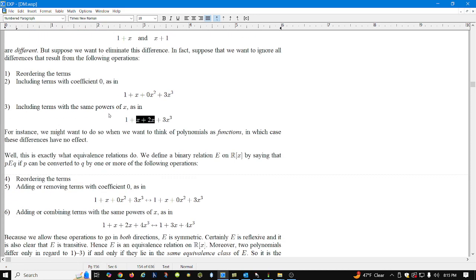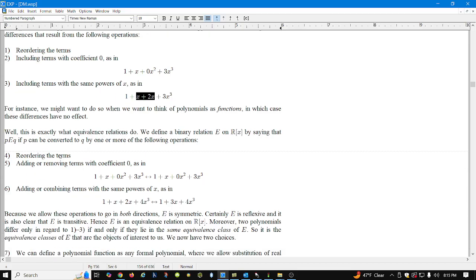We define a binary relation E on the formal polynomials by saying that P and Q are related, or P is related to Q, I guess I should say now, because we haven't shown this is an equivalence relation, if P can be converted to Q by one or more of these three operations: reordering the terms can change P into Q, adding or removing terms with the zero coefficient.